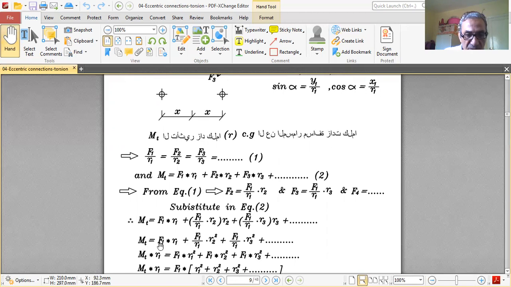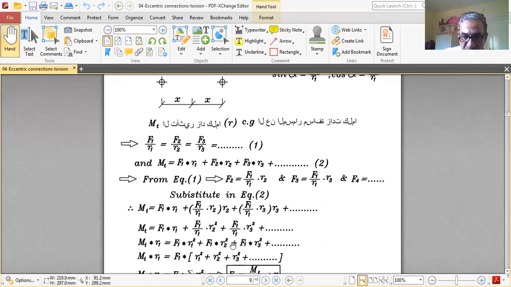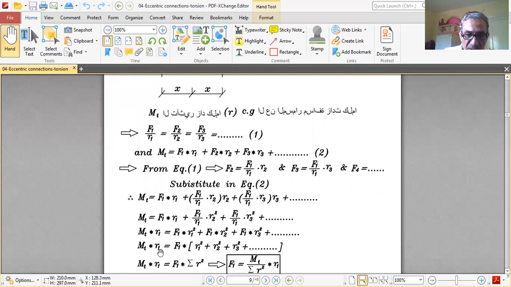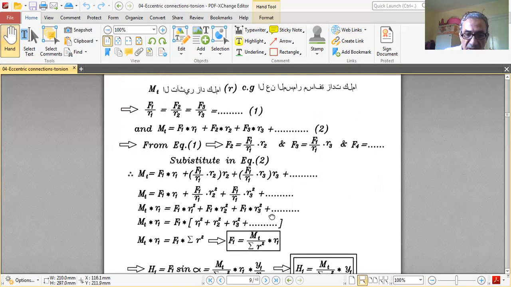So M torsion equals F1 R1 plus F1 R2 squared over R1 plus F1 R3 squared over R1 and so on. Then M torsion multiplied by R1 equals F1 multiplied by R1 squared plus R2 squared plus Rn squared.